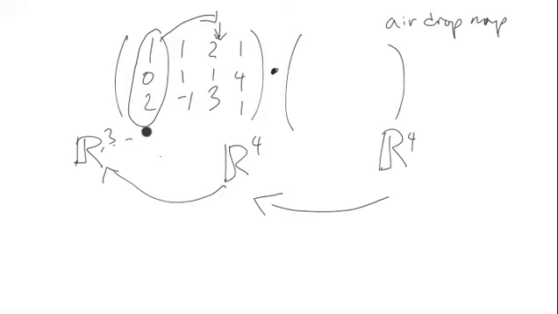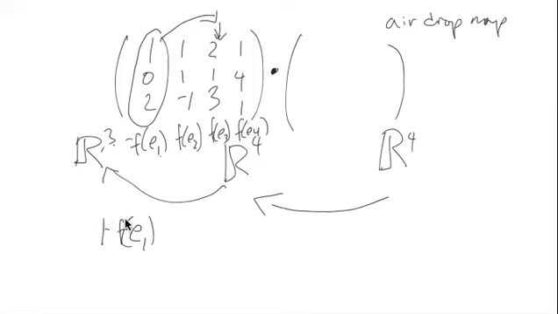because these are the images: this is the image of e1, the image of e2, the image of e3, and the image of e4. Think about what happens here. If we perform an airdrop operation, it's like saying you take this whole column, maybe you multiply it by something.